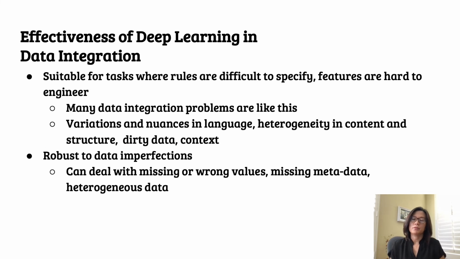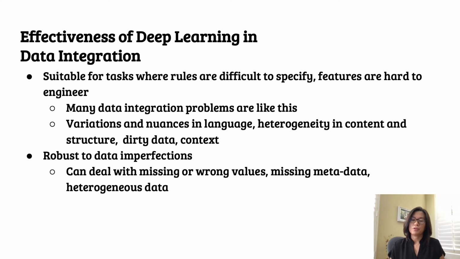At this point, I want to take a step back and discuss why I think deep learning models have been successful at various data integration tasks. First, deep learning is especially good for tasks where rules are difficult to specify and features are hard to engineer. And many data integration problems are like this.